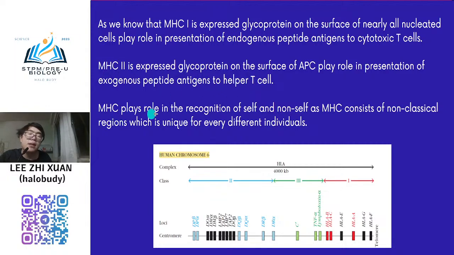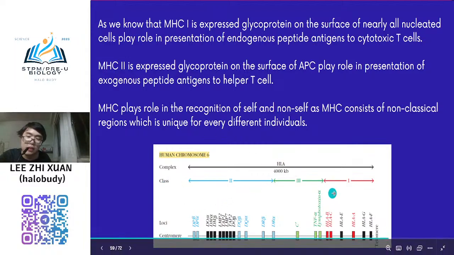So MHC plays the role in recognition of self and non-self, as MHC consists of a non-classical region which is unique for every different individual. So if you see this diagram in general, I just want to tell you about the red color one.